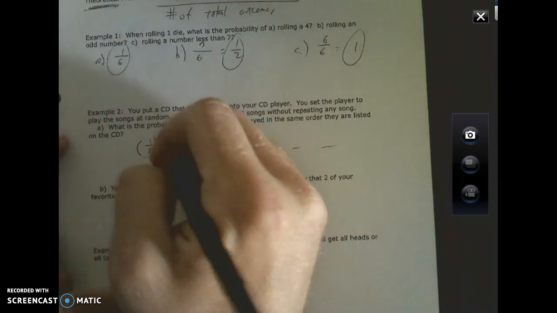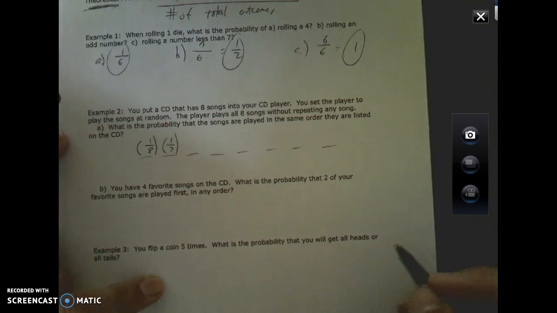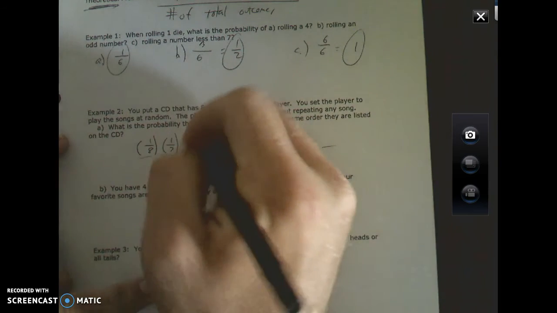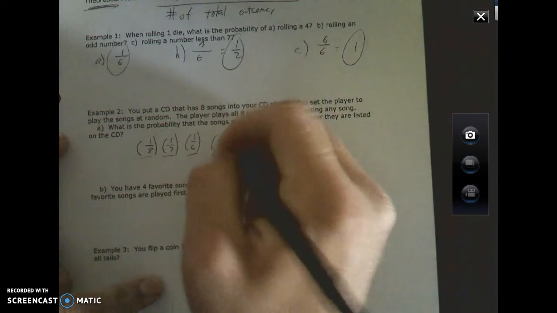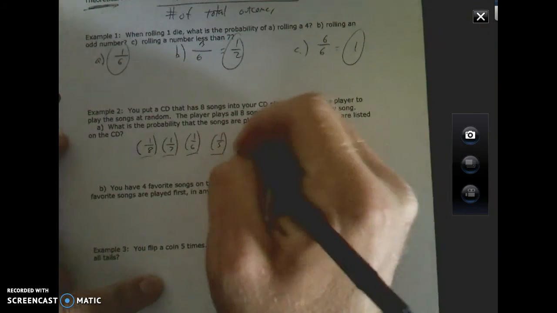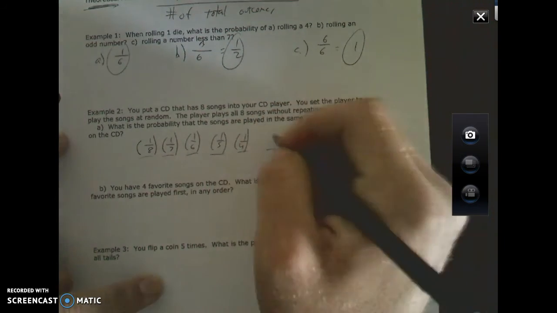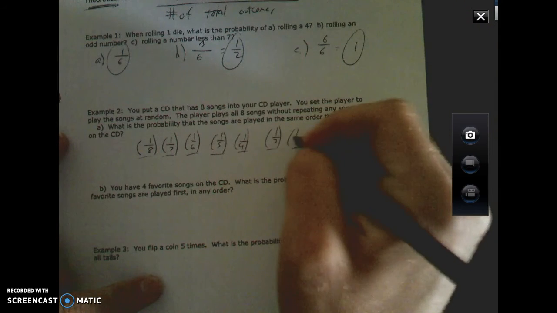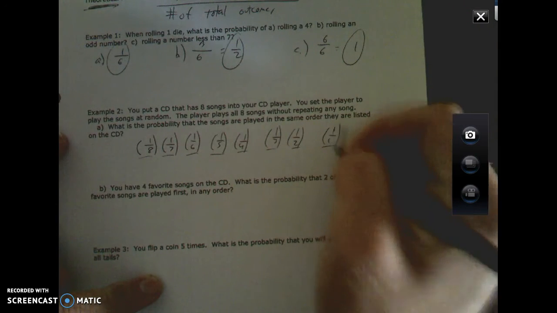The second one, there's only 1 song out of the 7 that can be played in that spot. Then there's 1 out of 6, 1 out of 5, 1 out of 4. You kind of see where we're going with this. 1 out of 3, 1 out of 2, 1 out of 1. Alright?